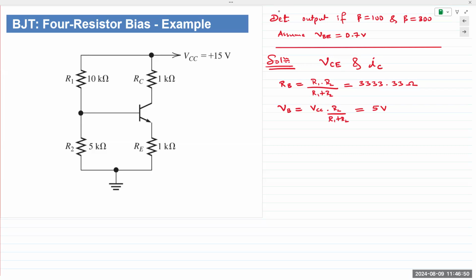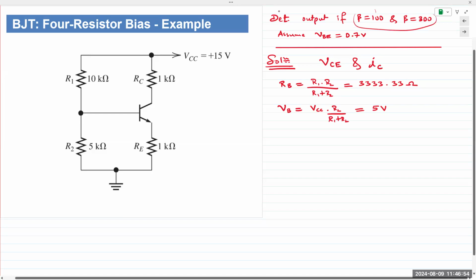Now I have to find IB for two different transistors, where the beta value is 100 and the beta value is 300.